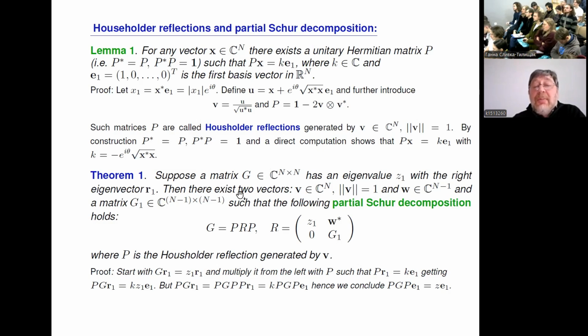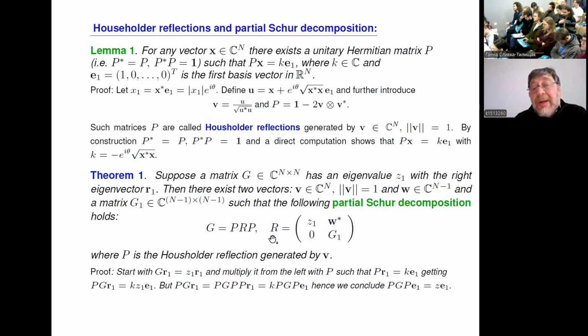Then one can always find two complex vectors, one of norm 1, which will in fact be used to build the Householder reflection, and another just a general complex vector W of dimension n-1, and a complex valued matrix G1 of dimension n-1 times n-1, such that our original n by n matrix is represented in the following form.